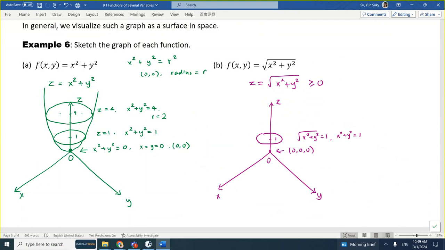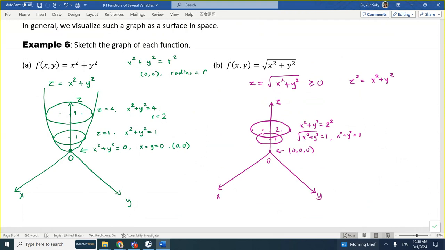By the way, this is the same as z squared is x squared plus y squared. So for the next number, instead of 4, now I can pick 2, because x squared plus y squared is 2 squared. So at 2, we get a circle with radius 2. That circle here is at the height of 4. But now for this function, the height is 2.